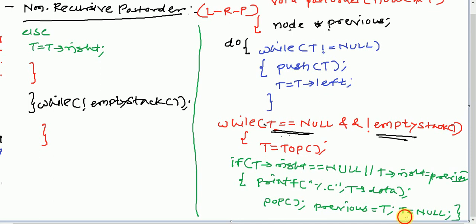Why? Because again I have to repeat the same while loop, because I have visited the right child and I want to take out the next value from the stack. Here if there is something in the right of the tree, then I am supposed to repeat the same process, go to the leftmost part of the right subtree. Okay, so that's why this plays a very important role over here. So you note down this.